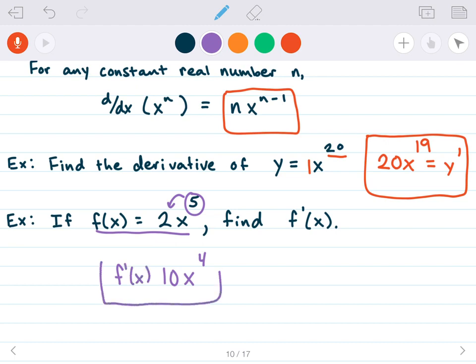Now, if you didn't believe me that this is the shortcut, you could always use the limit definition to verify that this is in fact legit.